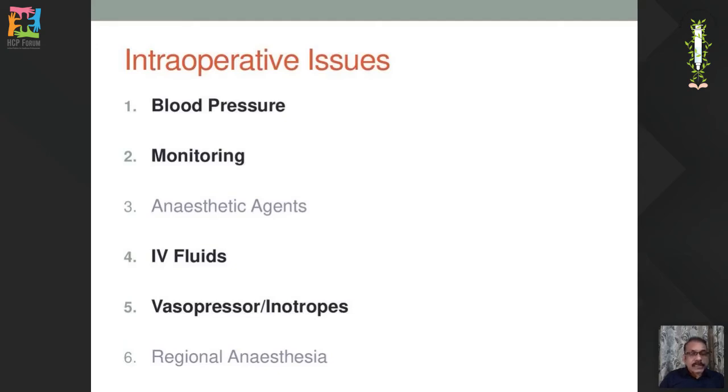About anesthetic agents, it's already mentioned that most of the agents go through liver metabolism, and their metabolites do not alter through renal dysfunction.